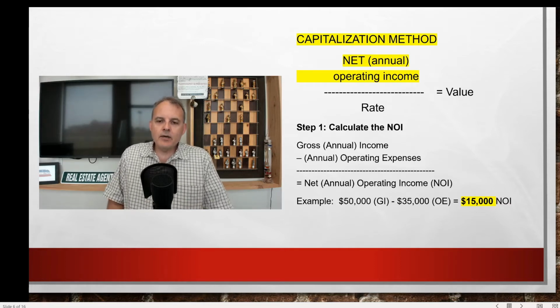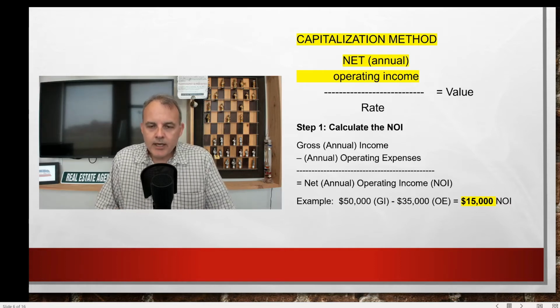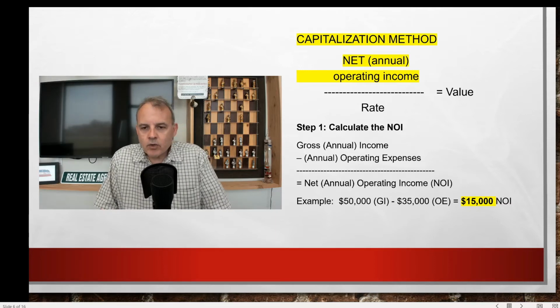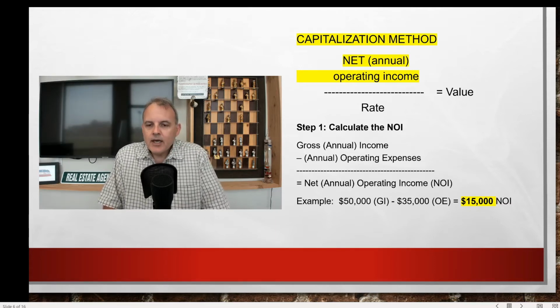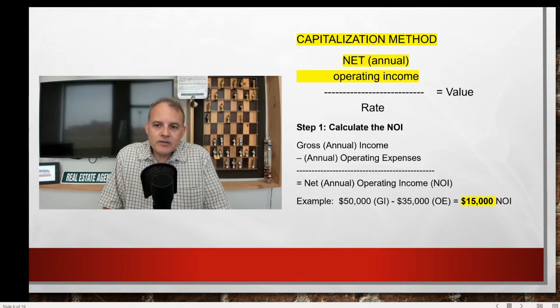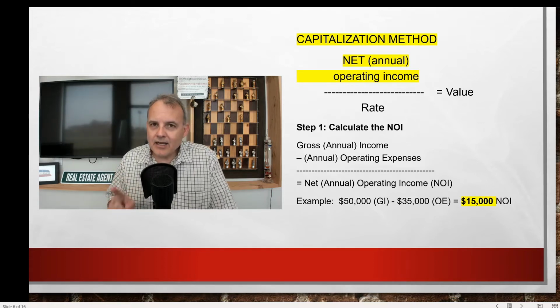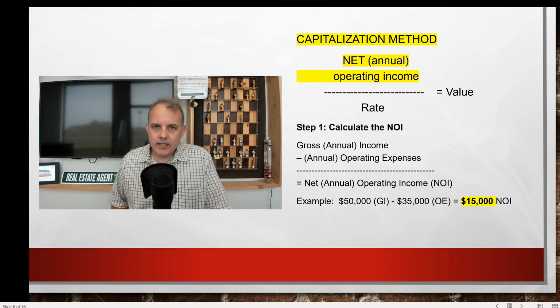So let me give you an example. Maybe this particular property has $50,000 in gross income from the leases that it has, and there's $35,000 in operating expenses. That gives us a net operating income of $15,000.